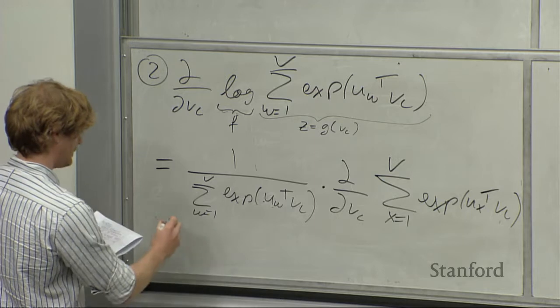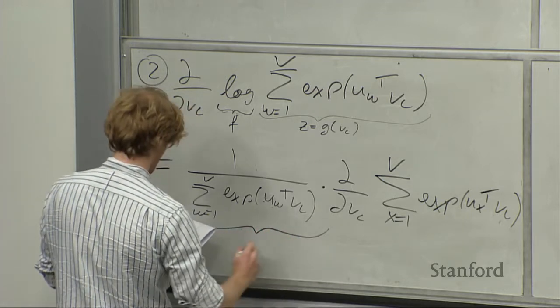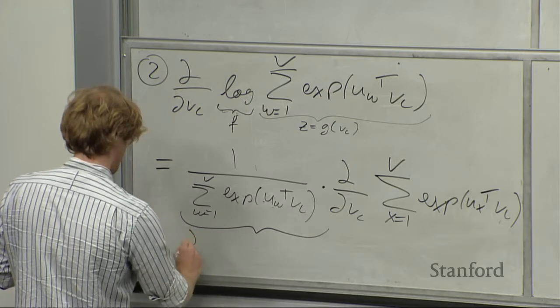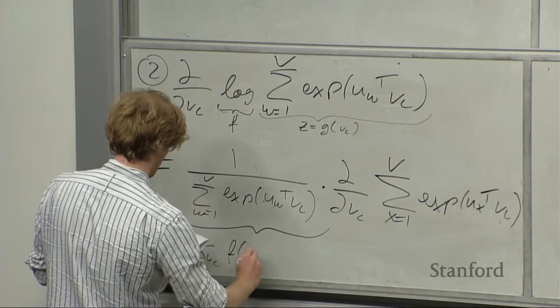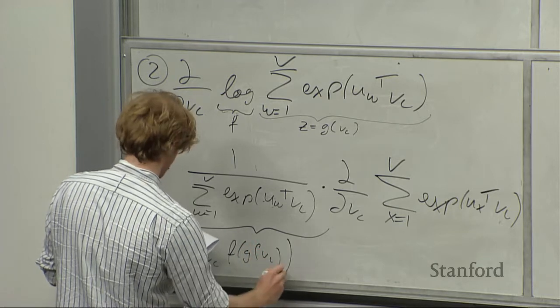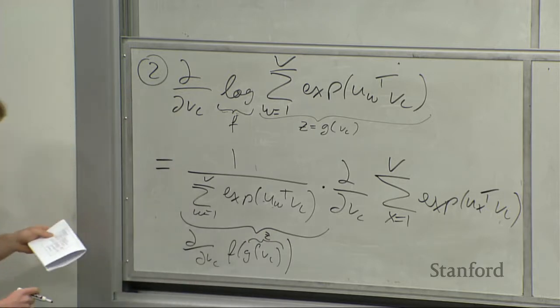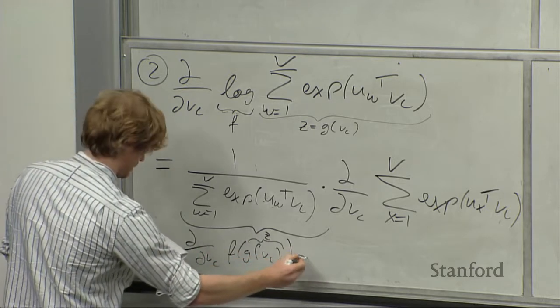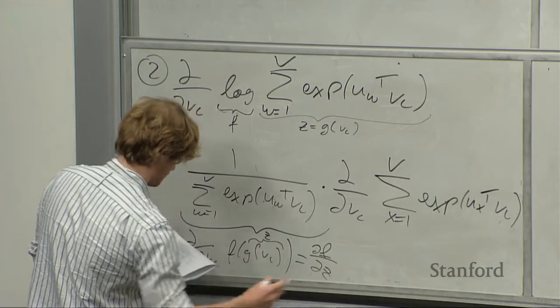And again, when we define this in terms of the chain rule, this was essentially the derivative with respect to v_c of f of g of v_c, where this was our z definition. And this first part was just the derivative of f with respect to z.